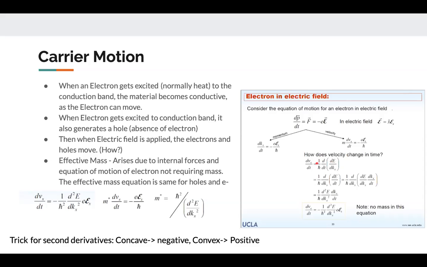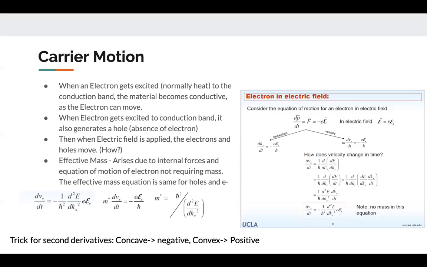We take dv/dt equal to 1 over h bar times the time derivative of dE with respect to k. We know that E is equal to h bar omega, and that v is equal to lambda times f, from basic wave equations.